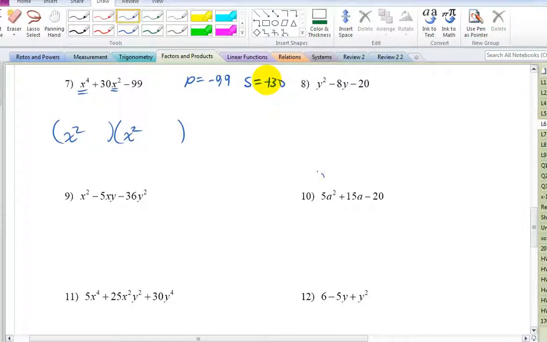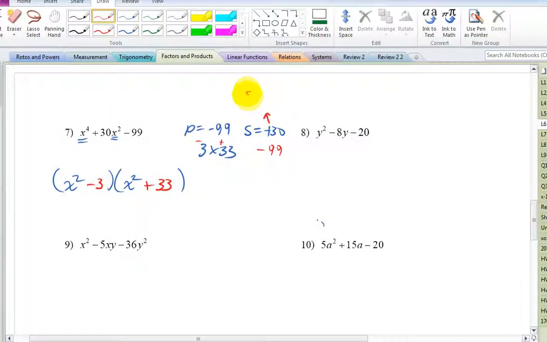Think 3 and... So 3 and 33. Our sum is plus 30, so this must be the sign of the larger number.